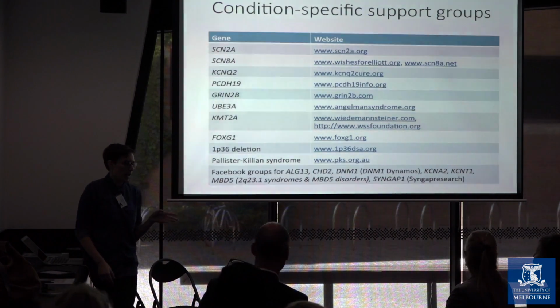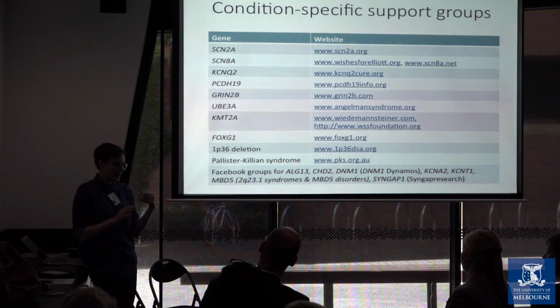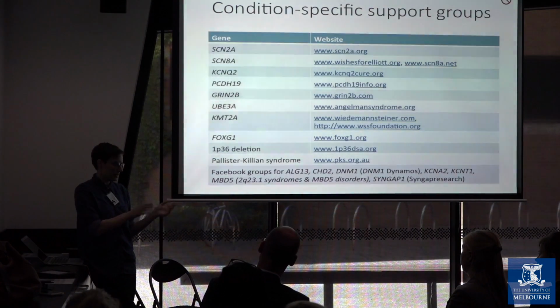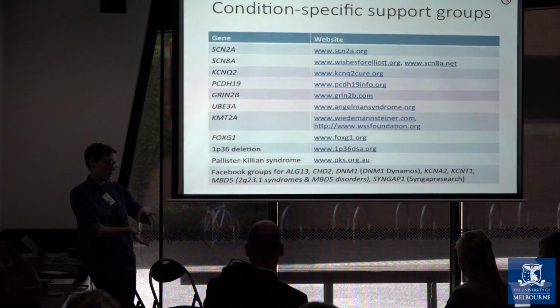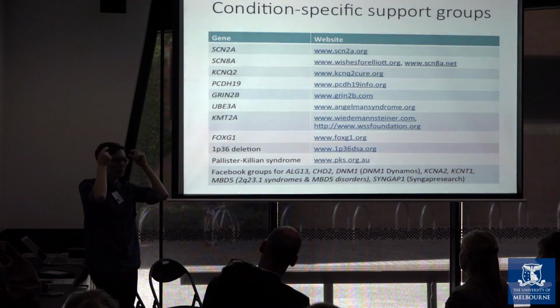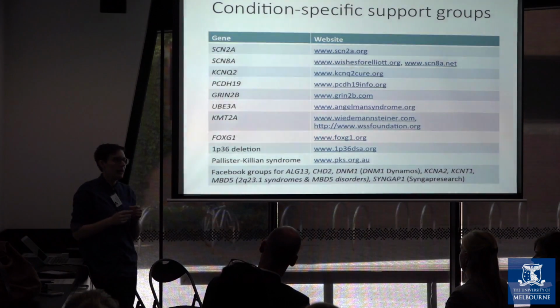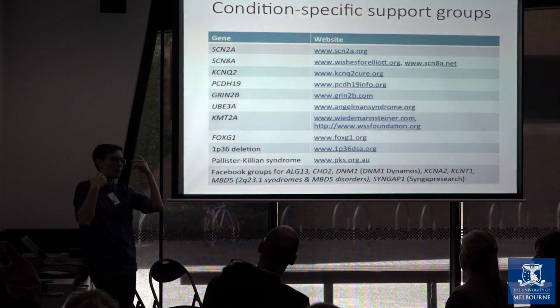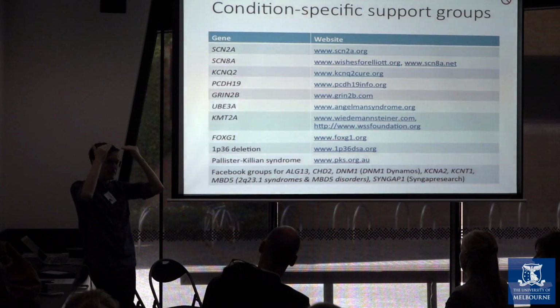Filamin A is X-linked, and it presents differently in girls and boys. Its most well-known association is with periventricular nodular heterotopia, a malformation of the brain where collections of nerve cells aren't out on the surface of the brain, they're deeper down.